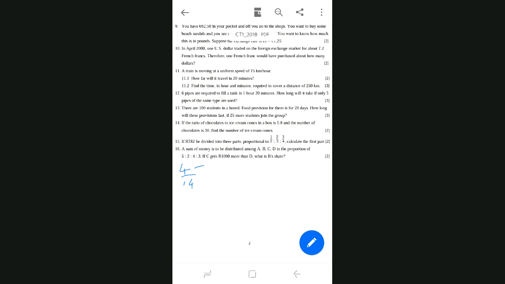That is C share. And D share will be 3 out of 14 times the total. Do we agree on this?